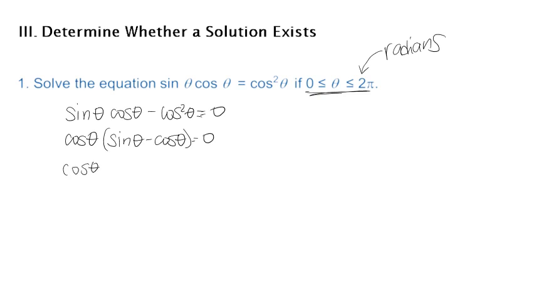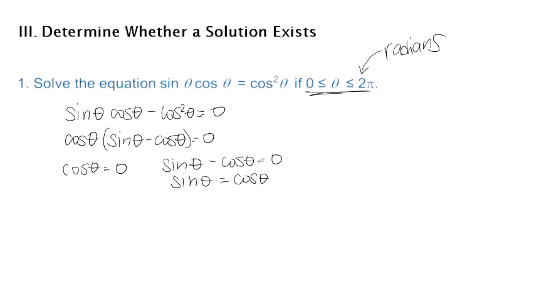So the cosine of theta has to equal 0, or sine of theta minus cosine of theta has to equal 0. That means that the sine of theta has to equal the cosine of theta. Okay, so just because I had a term with both sine and cosine in it, I actually can still solve something like this.